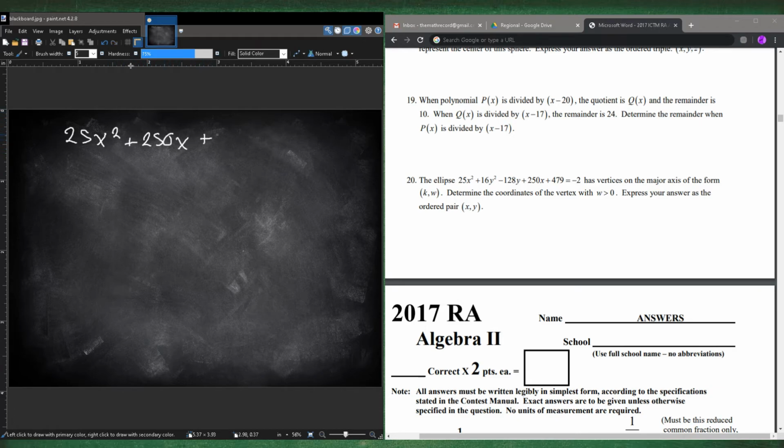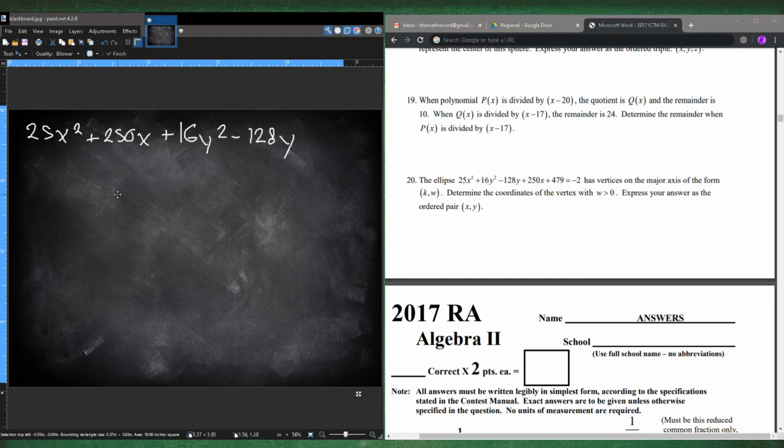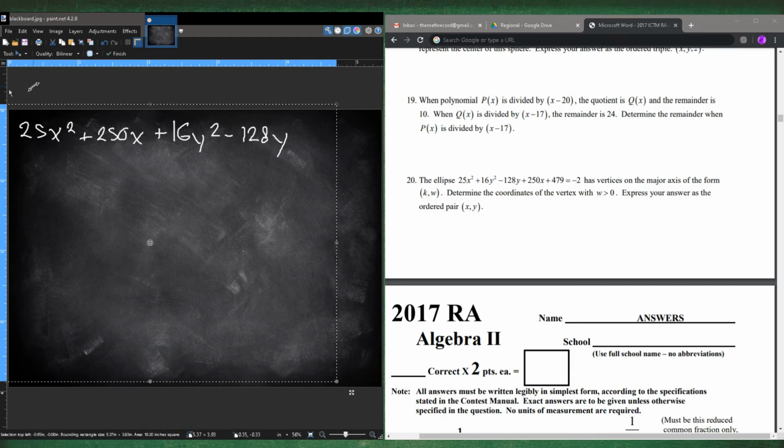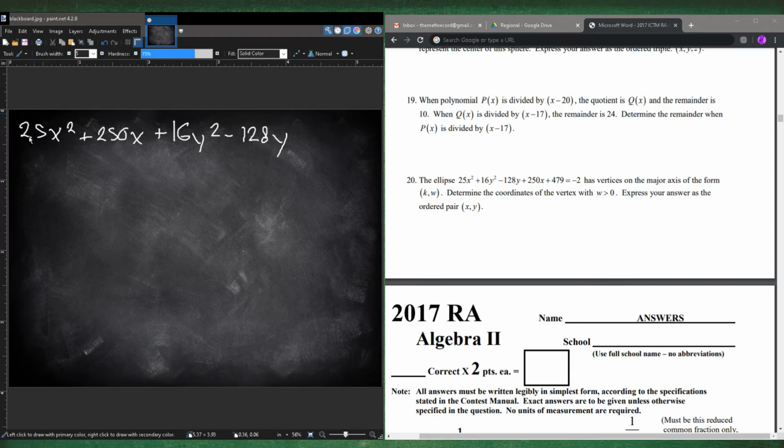And then we're going to put the y's together. So plus 16y squared minus 128y. And then we're going to move the constant to the other side. So negative 2 minus 479 is equal to negative 481. Okay.